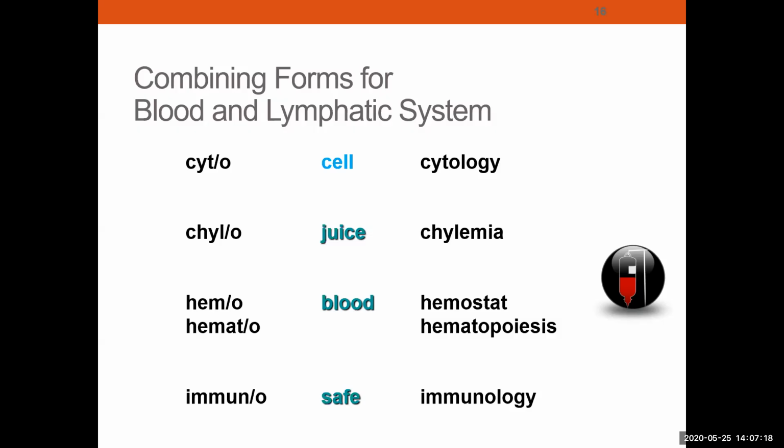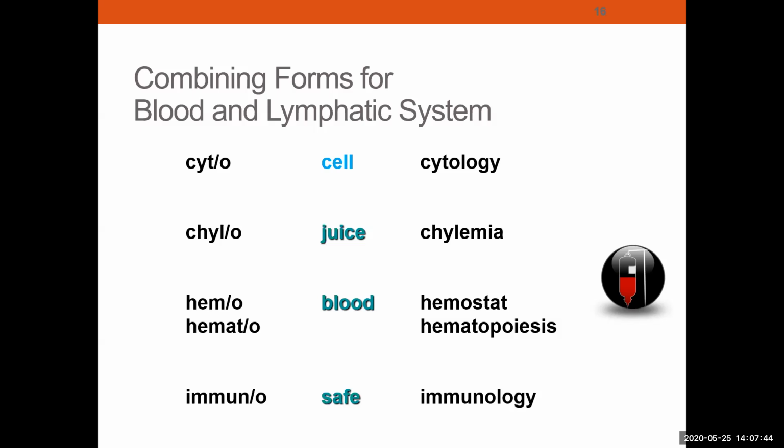Chylo is juice, chylemia, blood, so juice in the blood. Hemo or hemato is blood, so a hemostat is actually an instrument used for blood, often used to stop blood. Hematopoiesis, so this would be pertaining to blood and the reproduction of red blood cells.